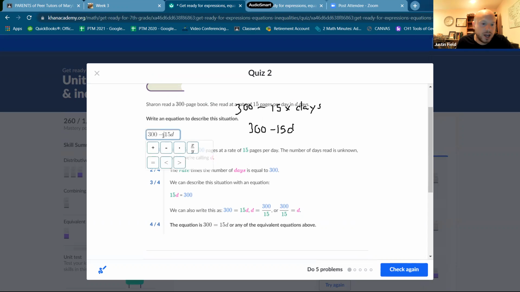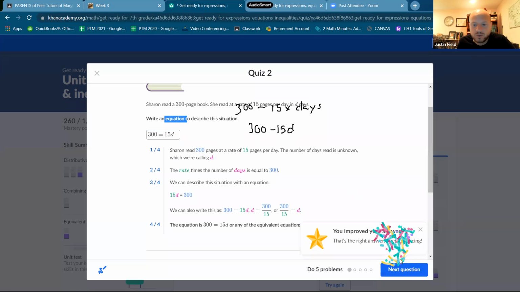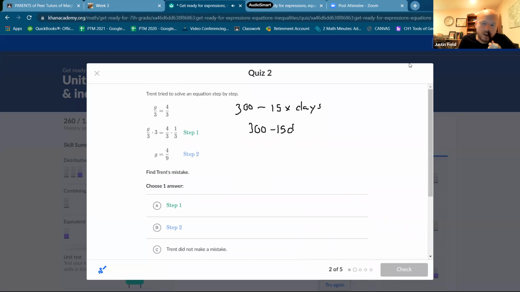So instead of subtraction, they wanted to say 300 is equal to 15 times the number of days. I should have read that more carefully because look, it says right there, write an equation to describe the situation. If I would have read that, I would have got it right. So make sure you read. I know some of you are not going to read the question too, so I'm glad I made that mistake.